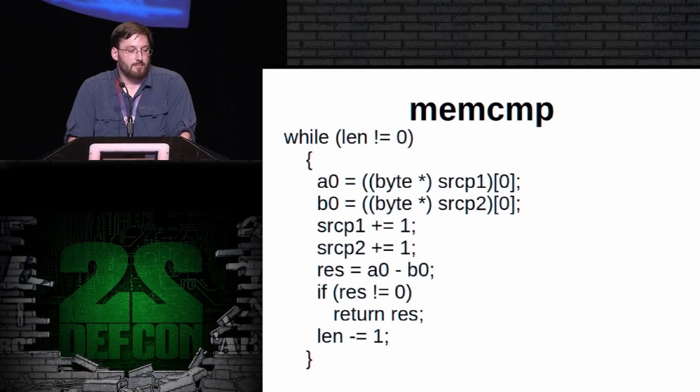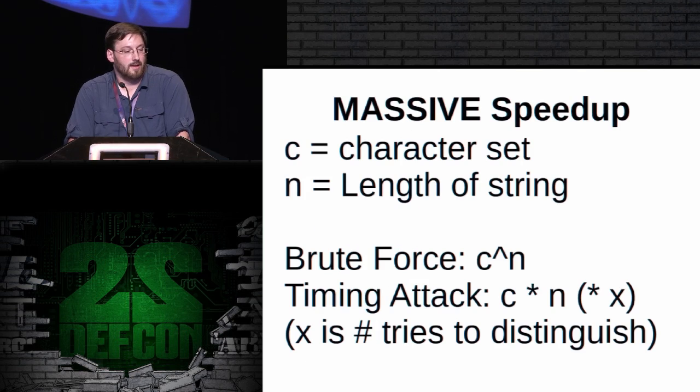The important behavior here is that we have a very small timing difference between a string which is partly correct but not all the way correct, and a string which is not correct at all. The amount of time where it either tries to do that next comparison and fails, or just stops doing the comparison, is something that we can exploit.